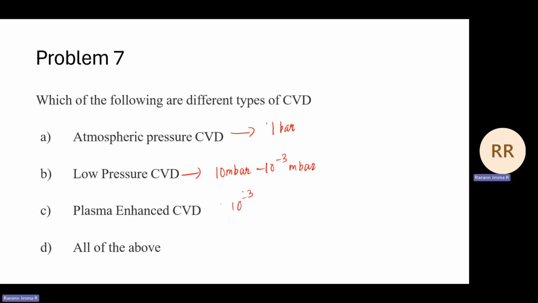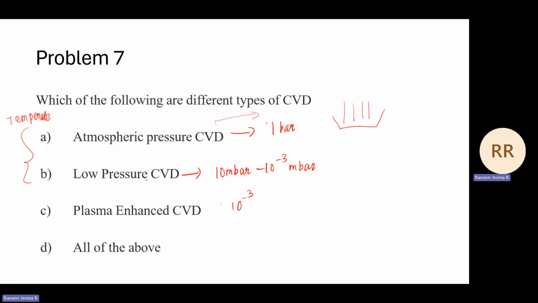The only thing is that in these, the energy for the reaction is applied by means of temperature. In the case of atmospheric pressure CVD, only the susceptor where we are loading the samples will be heated, selectively. So the reaction will happen only where the samples are present.